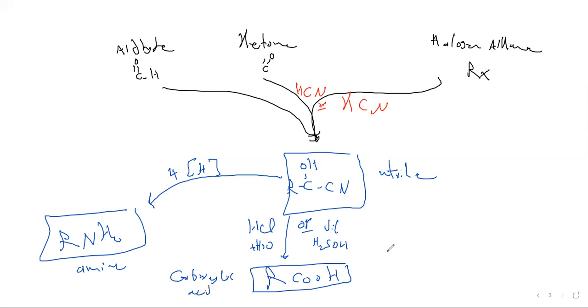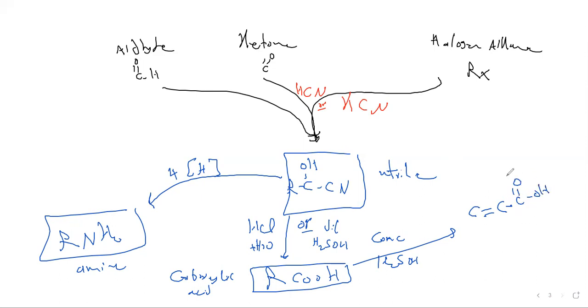Then, this carboxylic acid, if it reacted with concentrated sulfuric acid, it will form alkene with carboxylic acid, C double bond C reacting with COOH.